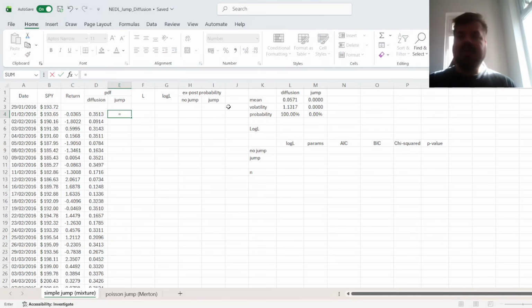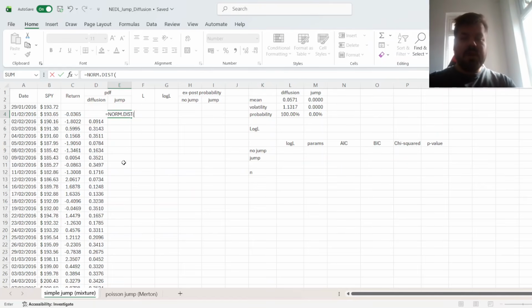And here we need to assume that the jump has the same distribution, namely the normal distribution, as the diffusion process, and that it is independent of the diffusion movement. That allows us to calculate the likelihood subject to a jump happening in a very straightforward way.